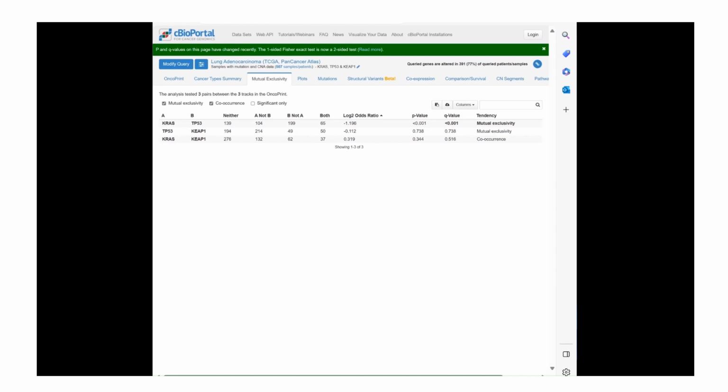But again, this is not a significant result because both p and q values are too big. If you look at the table here, and you decide you want to only display mutual exclusivity, you could unclick or reselect everything that interests you. And same here for the columns, you can add what you want to see.